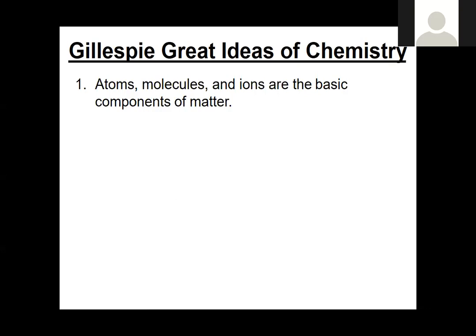In his words, these are the fundamental things that need to be included to understand and appreciate general chemistry. The first statement that he had there is that atoms, molecules, and ions are the basic components of matter.